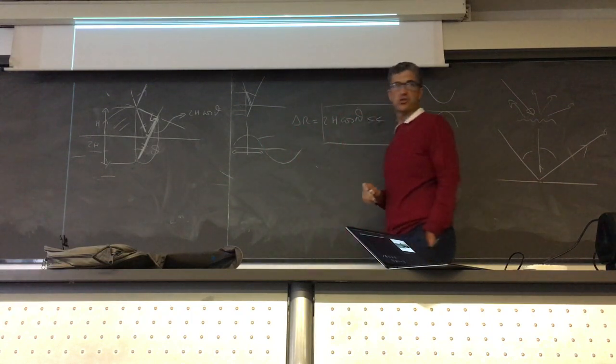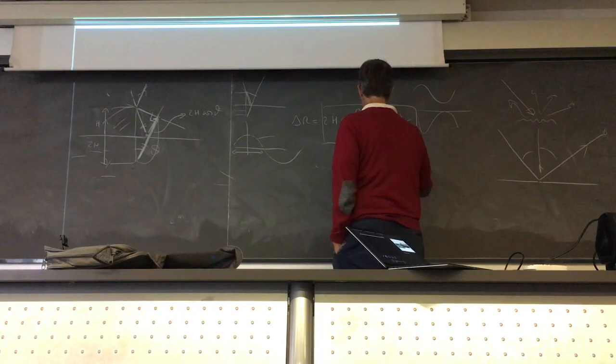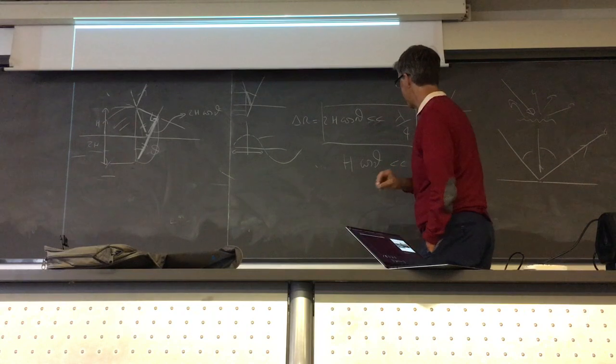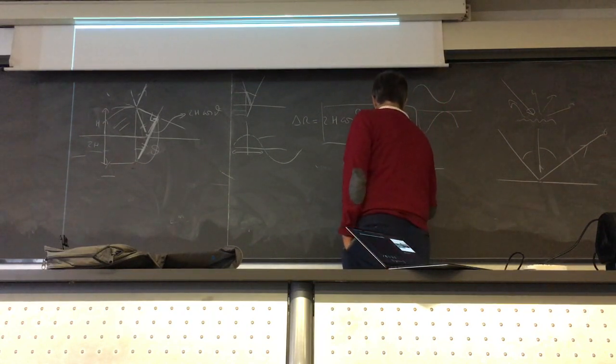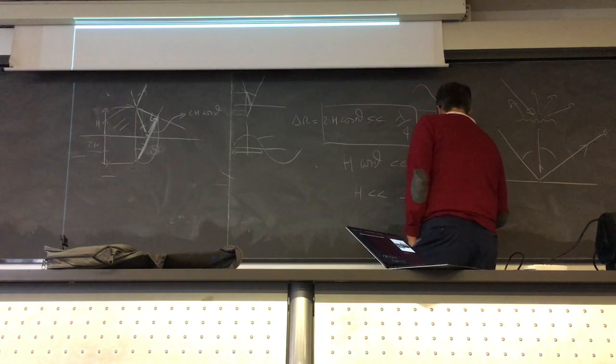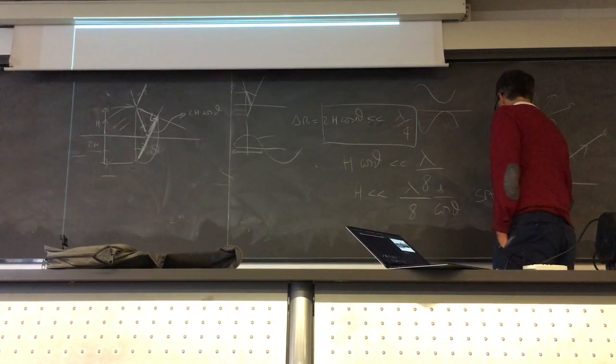Okay? So this means that if h multiplied by the cosine of theta is much smaller than lambda divided by 8, or let us say h is much smaller than lambda divided by 8 cosine of theta, you are in the limit of specular reflection.